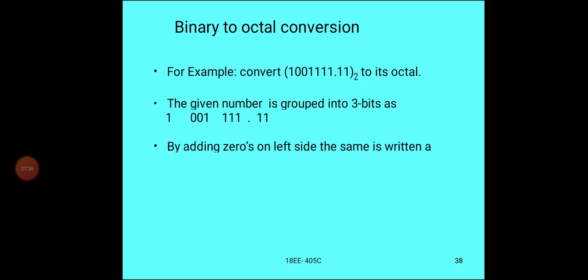By adding zeros on the left side, it is written as 001 001 111. After the fractional part, 0 is added, so it is written as 110. 111 corresponds to 7. 001 corresponds to 1. 001 corresponds to 1.